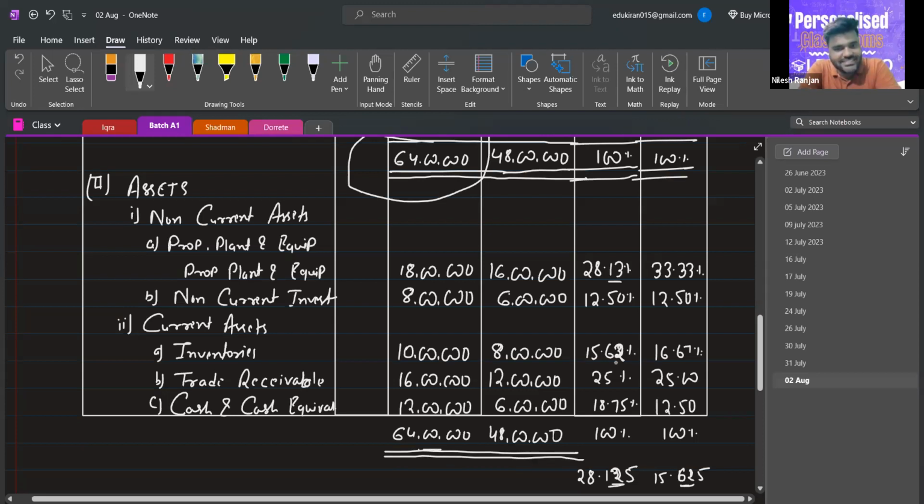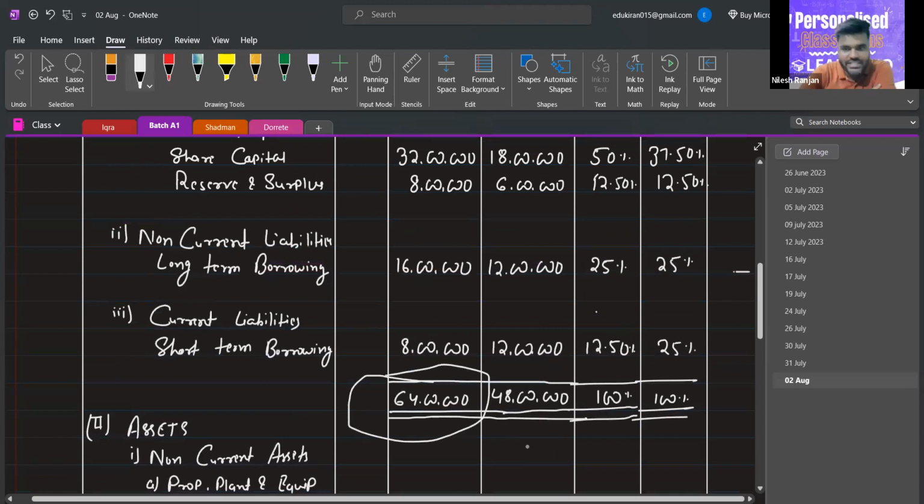I think the comparative statement is easier. Why do you think so? Just lower calculation, and it's easy side by side. The amounts are written side by side, so it is easy for calculation purposes.